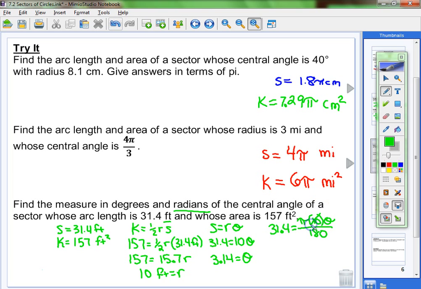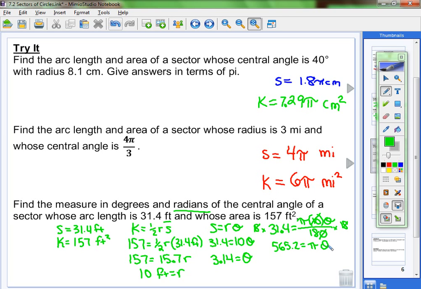Now 10 and 180 can cancel out, so we're going to do 18 times 31.4, which is 565.2, equals pi times theta, and then we need to divide by pi.